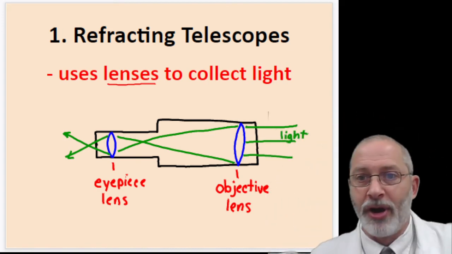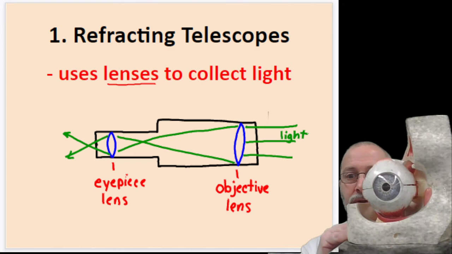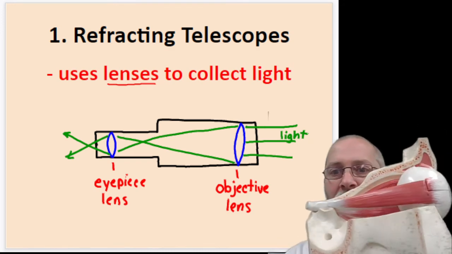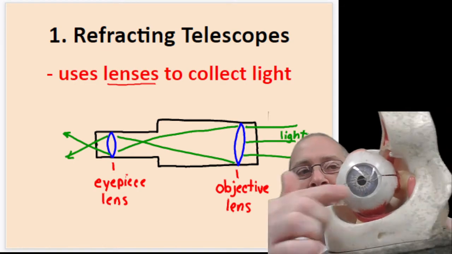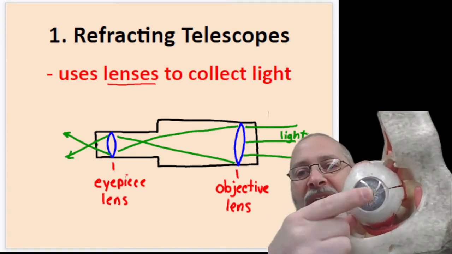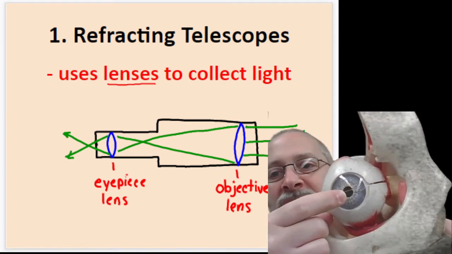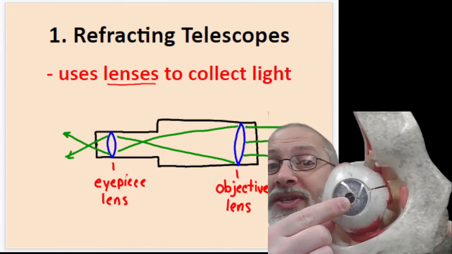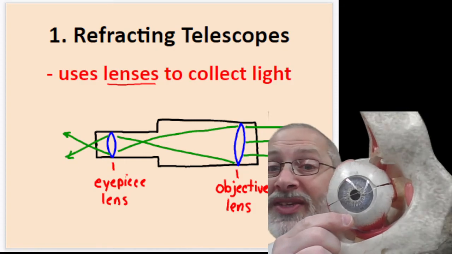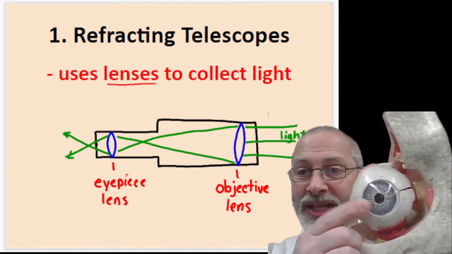And speaking of our very own eye, here's the model of our very own eyeball. In our very own eyeball, we have a lens inside that enables us to focus and fine-tune things even more than an eyepiece lens.